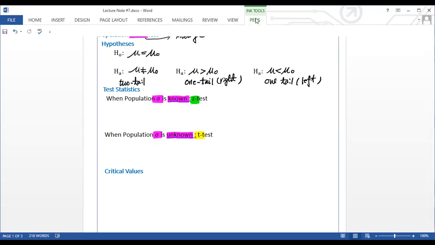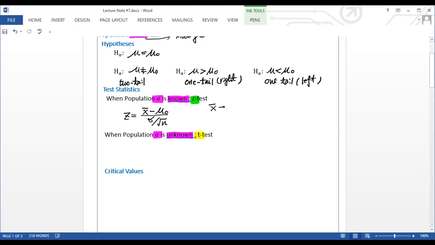Let's take a look at the first one and write it out. If sigma is known, it is the z-test, where z equals x bar minus mu 0, divided by sigma over the square root of n.